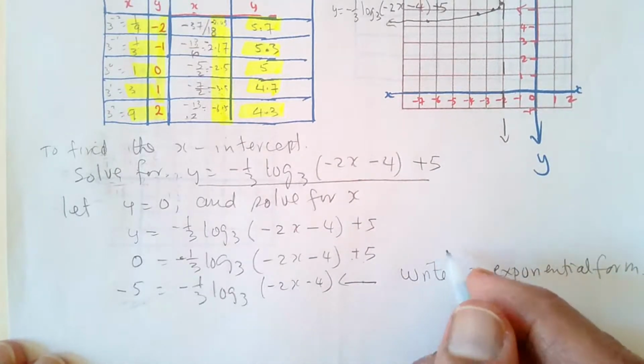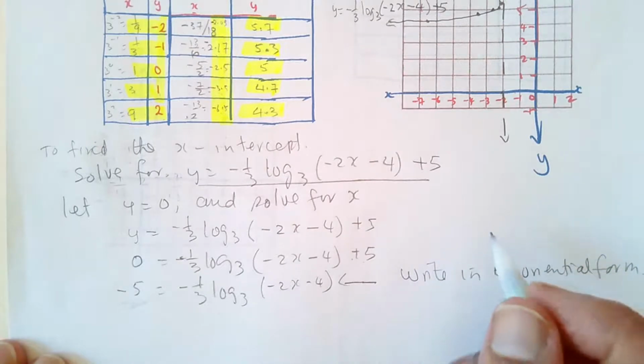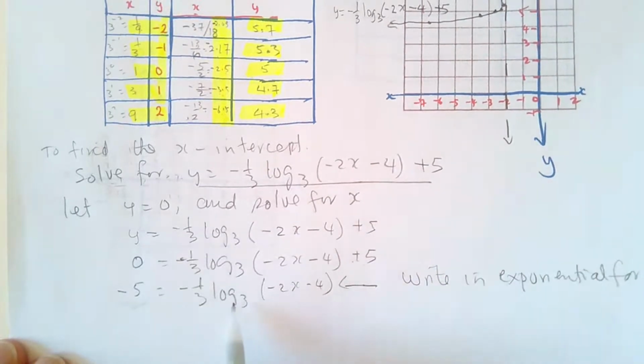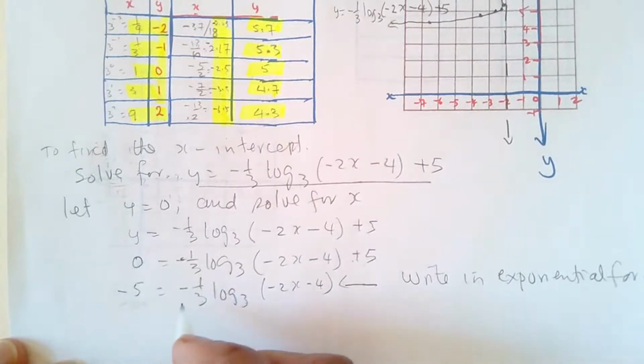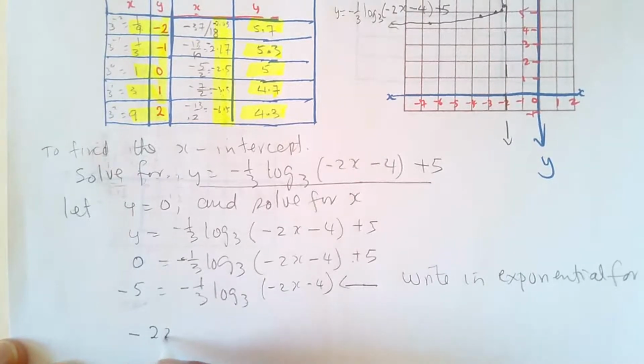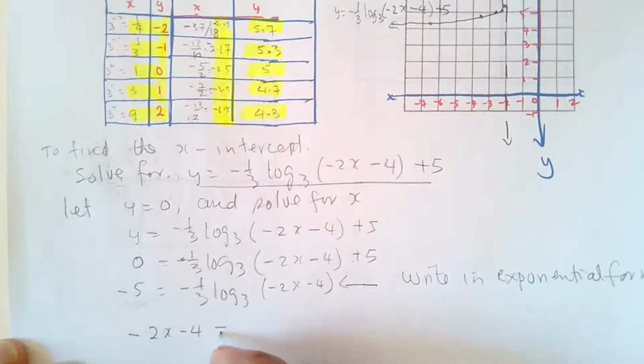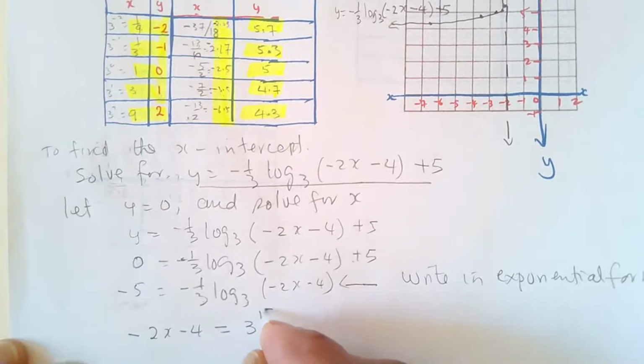So this becomes negative 2x minus 4 is equal to 3 to the 15.